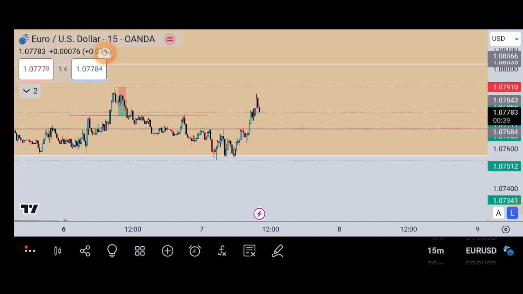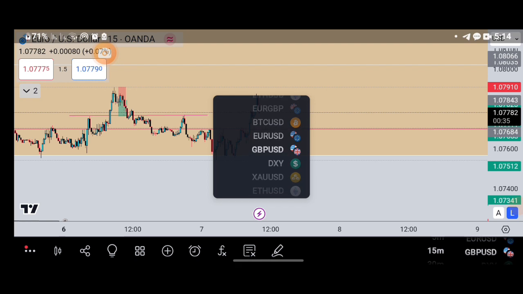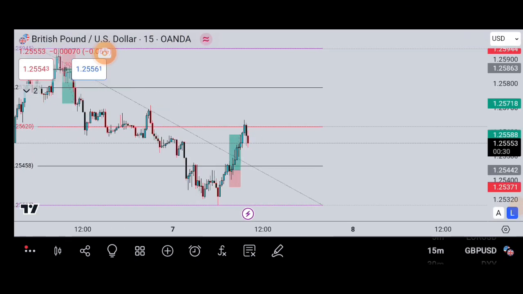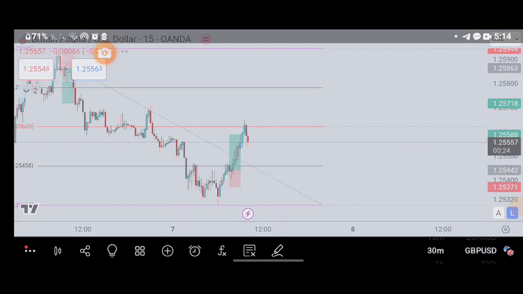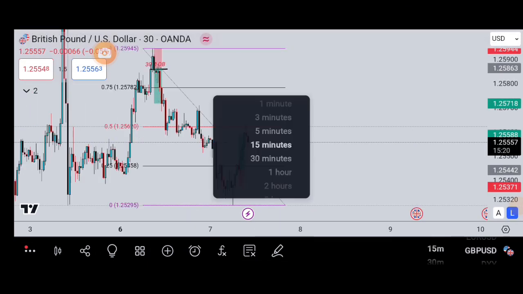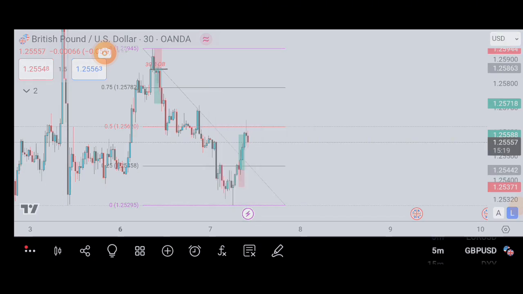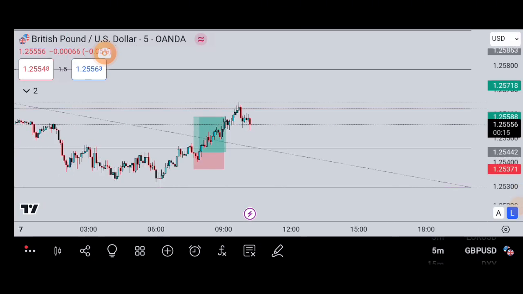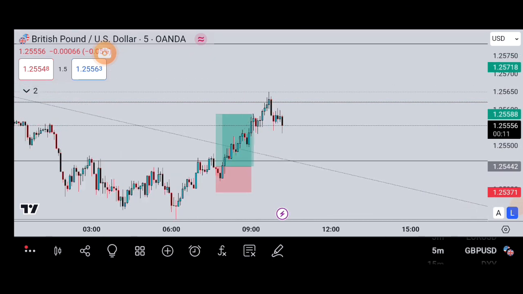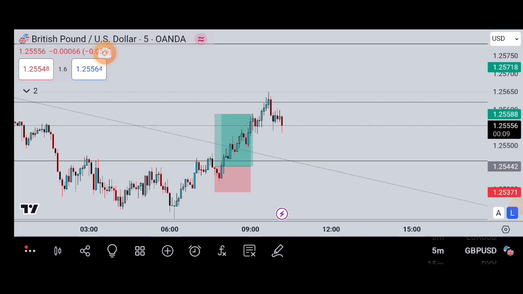So it's also about time that we take this GPP sell, because it's the one that we are expecting a sharper move. It's an ideal place to be selling at, so I'll be selling over here.